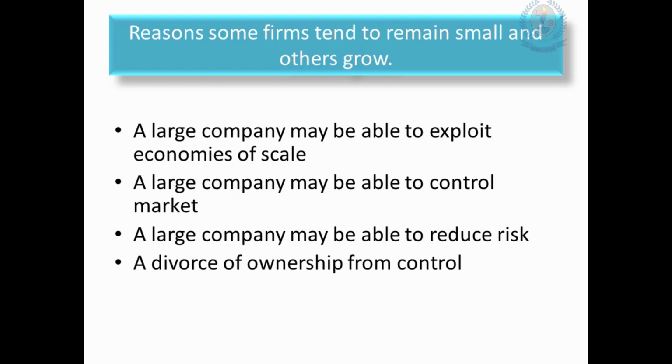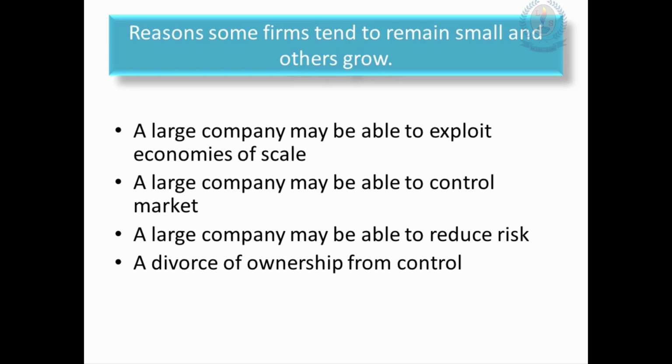Vertical and conglomerate mergers are less likely to yield economies of scale because there are unlikely to be any technical economies. So there may be some marketing economies and more likely some financial economies.